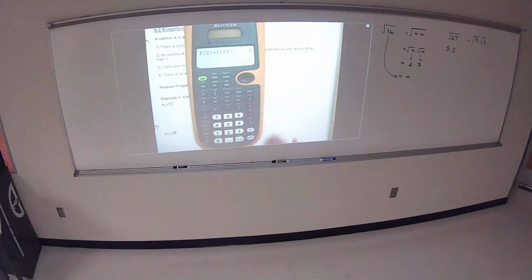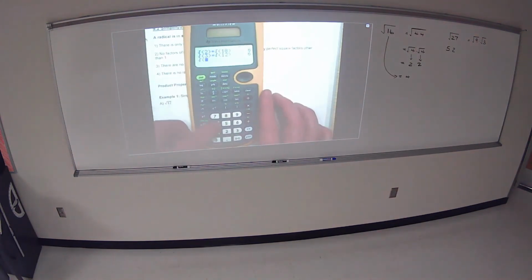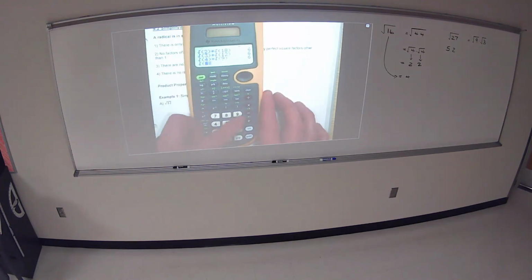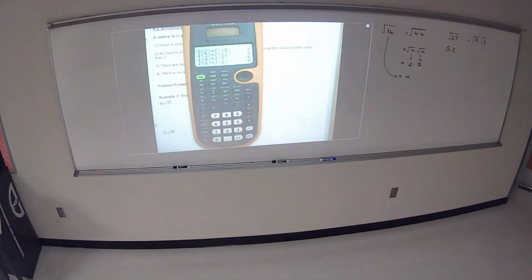And if you took the square root of 3 and multiplied that by the square root of 12, you also get 6. And the square root of 4 times the square root of 9, you also get 6. And the square root of 6 times the square root of 6, you still get 6.